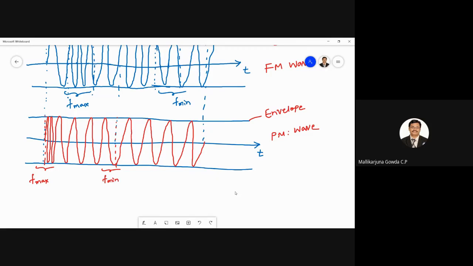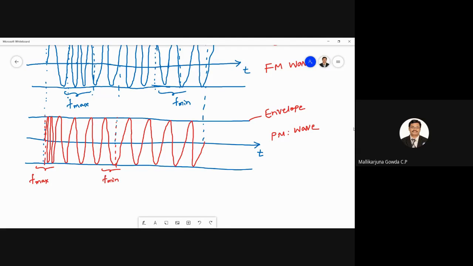But looking at the waveform of FM and PM, is it possible to visualize the message signal in the modulated signal? Yes, able to get that visualization? How will we be able to visualize? Is it so easy to visualize as compared to AM?